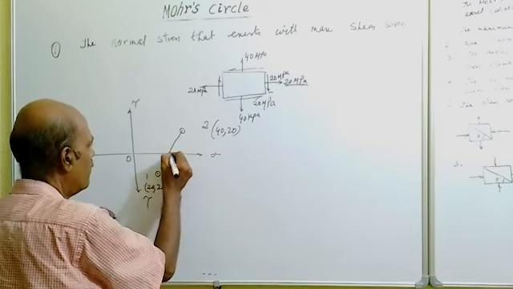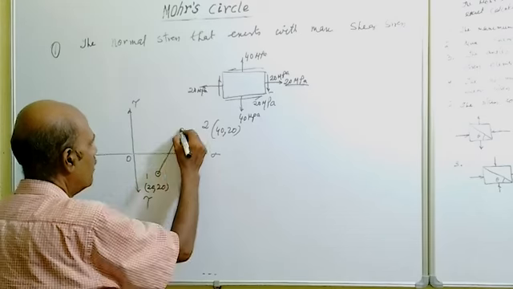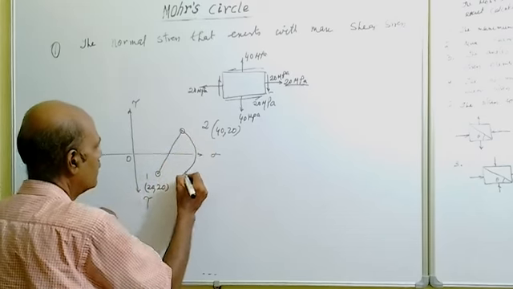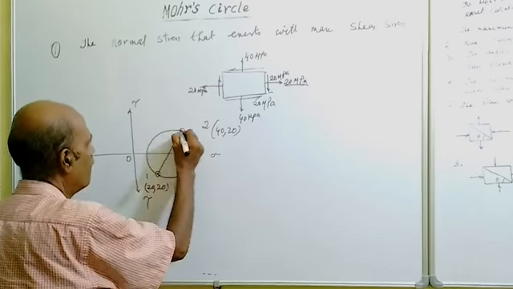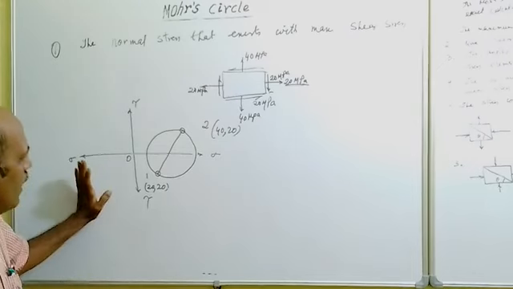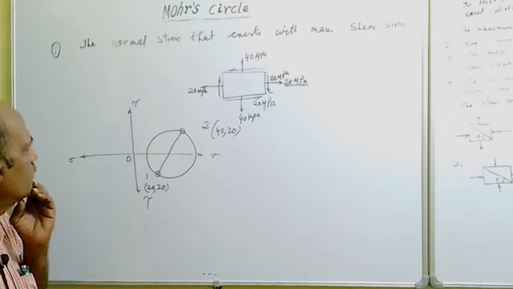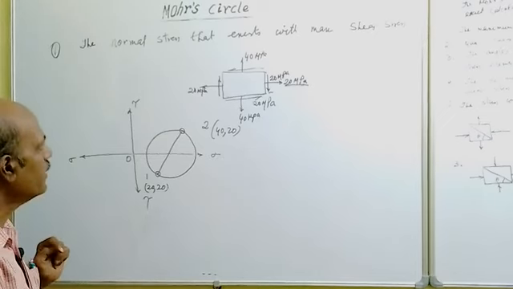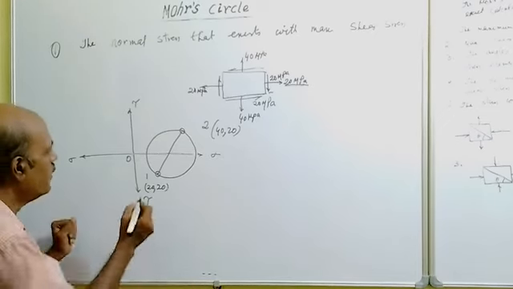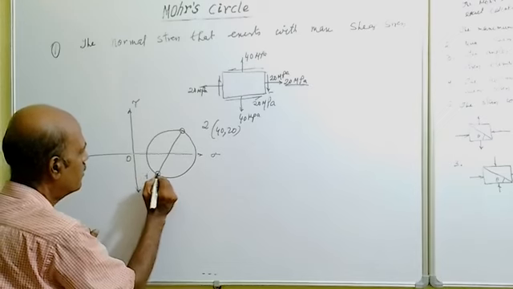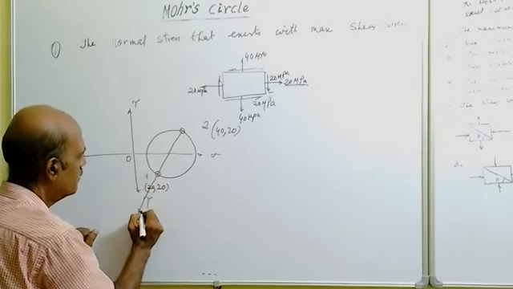Join points 2 and 1 and draw the Mohr circle. So you have got the Mohr circle. Now, where is the x direction? Where is the x point plotted? At point 1. So this is your x direction.